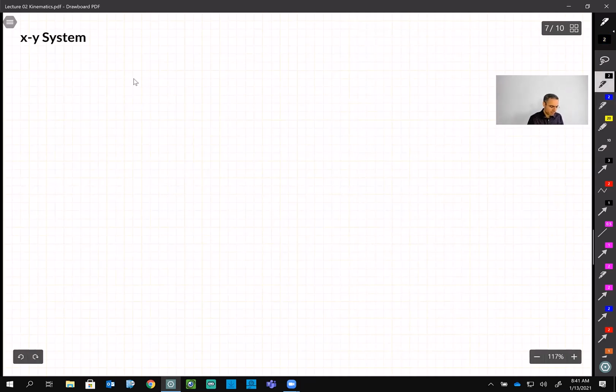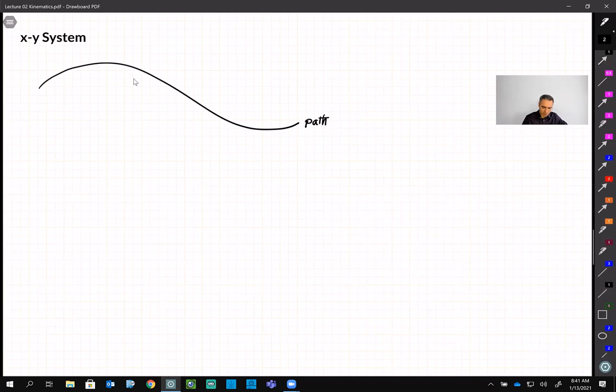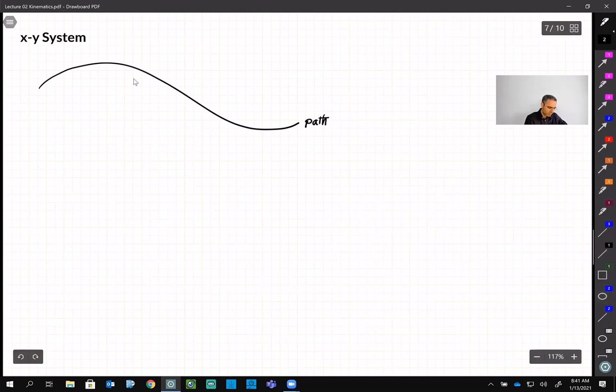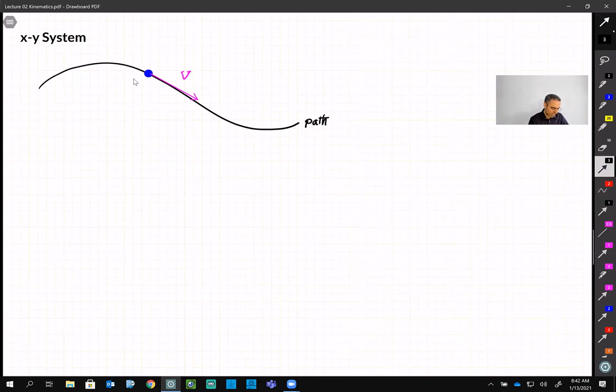Let's say we have a path. This is a path that things are moving, and we have the particle somewhere on this path. This particle is moving, so we know this is its velocity, v. What I need to do is select a reference, and depending on the problem, it can be anywhere.